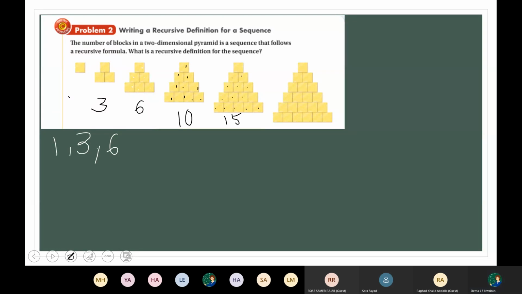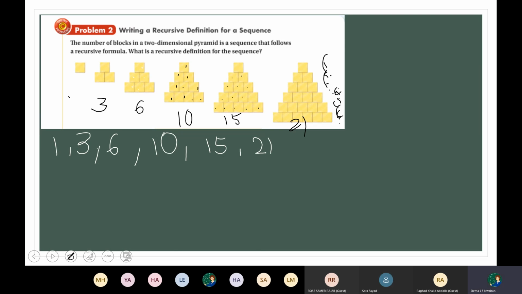And then 6 plus 4 is 10, 15, 20, 21. So these are now the numbers. We have 1, 3, 6, 10, 15, and 21.